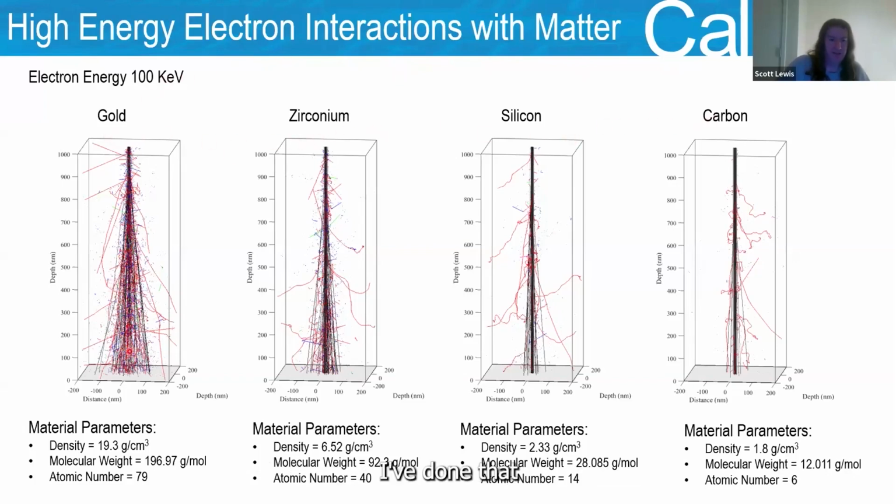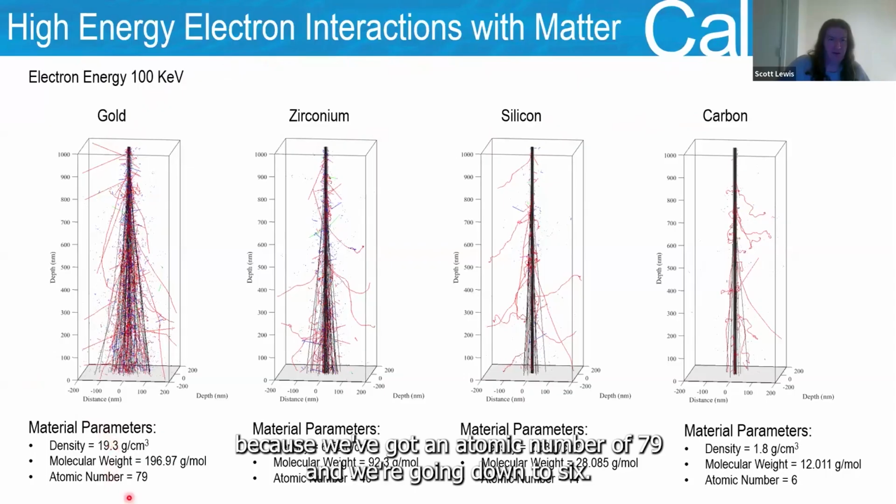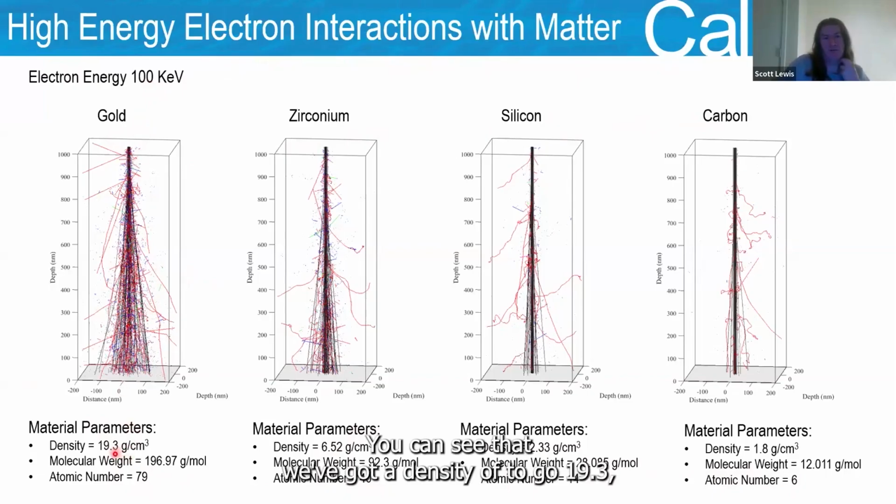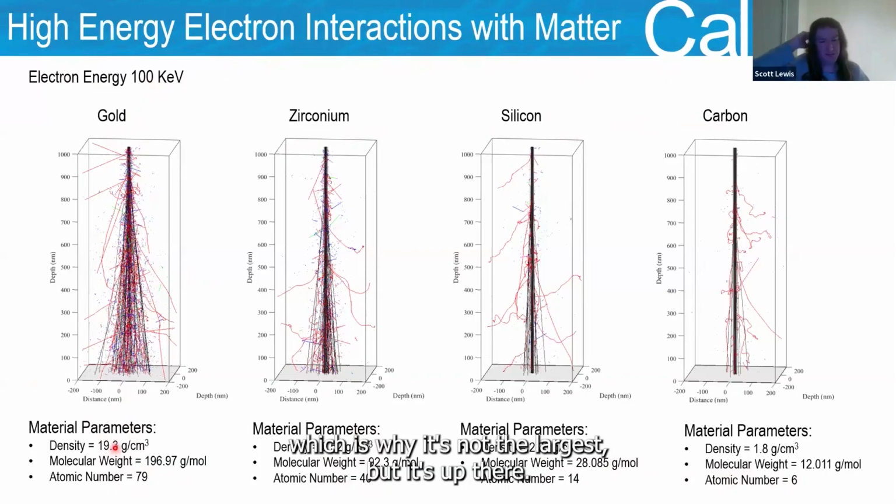I've done that because we've got an atomic number of 79 and we're going down to 6, and zirconium is more or less in the middle of these two. So this is 100 kilovolts. You can see that we've got a density of, for gold, 19.3, which is not the largest, but it's up there.